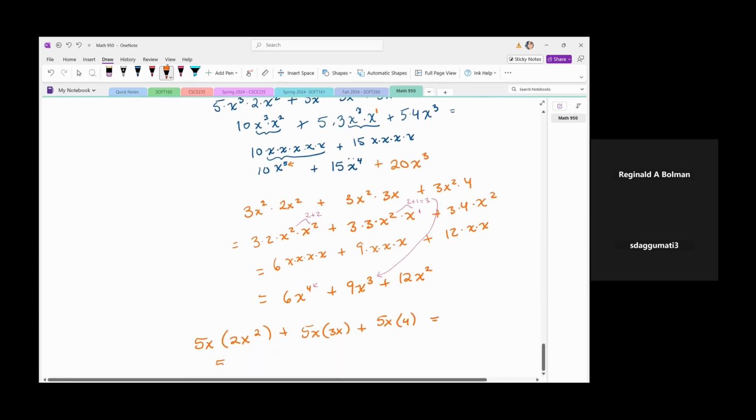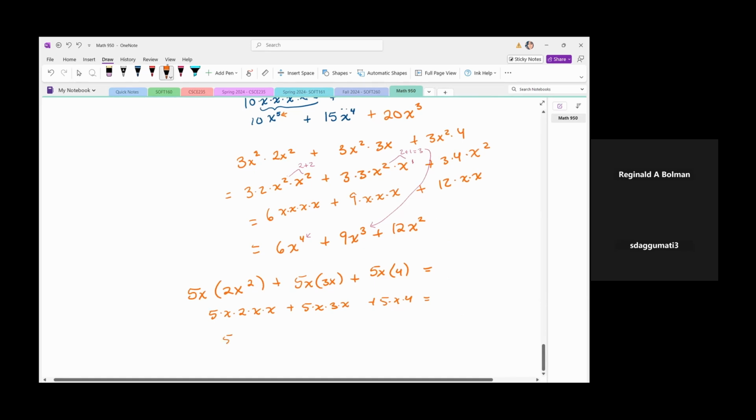You've got 5 times x times 2 times x plus 5 times x times 3 times x plus 5 times x times 4. By the associative law and the commutative law, you may group your terms together. So 5 times 2 times x times x times x, and 5 times 3 times x times x, plus 5 times 4 times x. And we have 5 times 2 is 10.